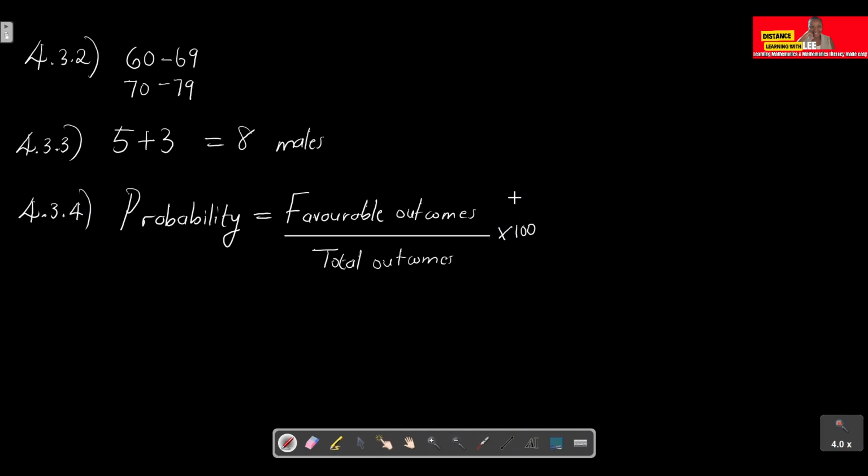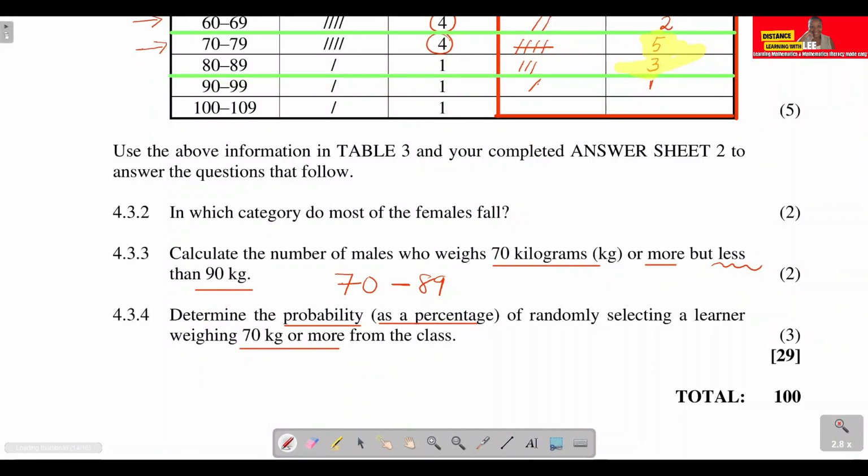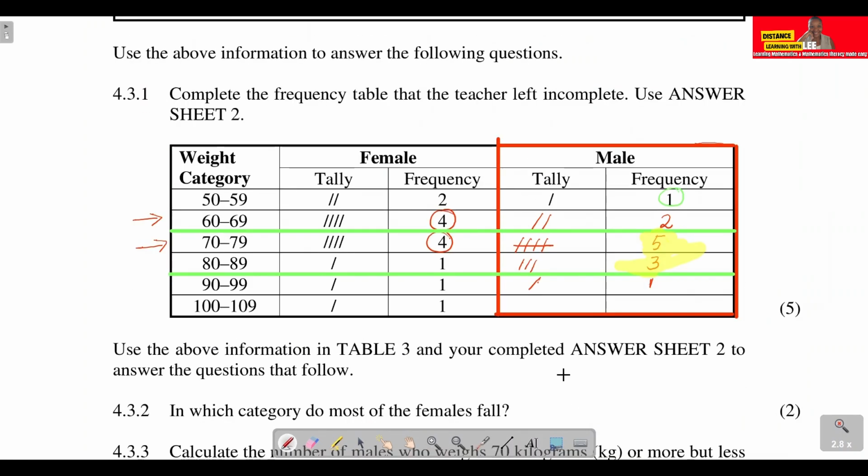So in this case, what are the favorable outcomes, the outcomes that we want? The question tells you that we want the probability of randomly selecting a learner that weighs 70 kg or more from the class. So that basically tells us that we're going to have a look at our whole table, and we're going to focus on learners that weighed from 70 going all the way up until the last weight.